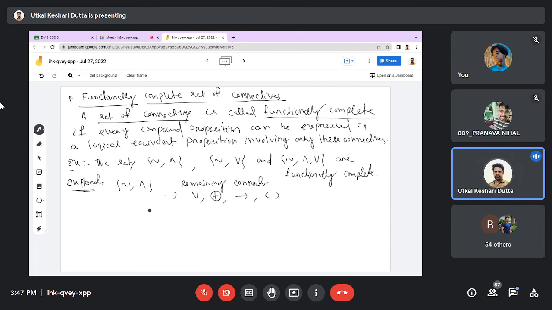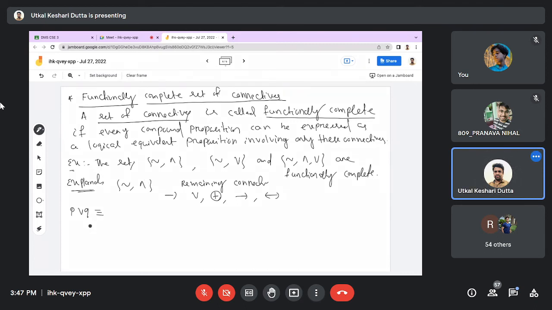That means let P and Q be propositions. I'm showing only one of them, then you will go through the others. Write P disjunction Q as an equivalent proposition which contains only negation and conjunction.